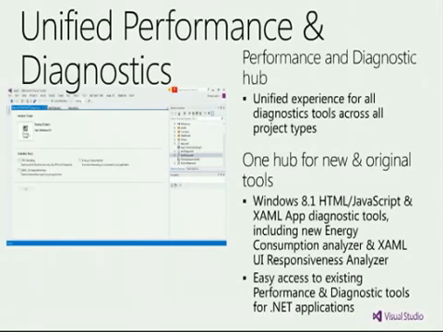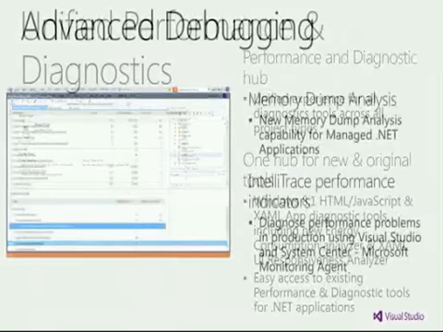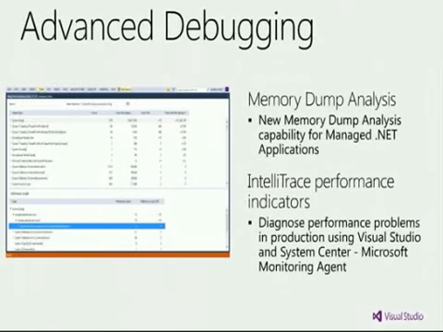So the type of application that you're running, we can display the performance and diagnostic tools that are available to you in this instance. And we've added a few new ones for different application types. And I'll talk a little bit more about those in a second when I talk about Windows 8.1 applications. We've improved in this hub as well the debugging scenarios. So things like memory dump analysis.